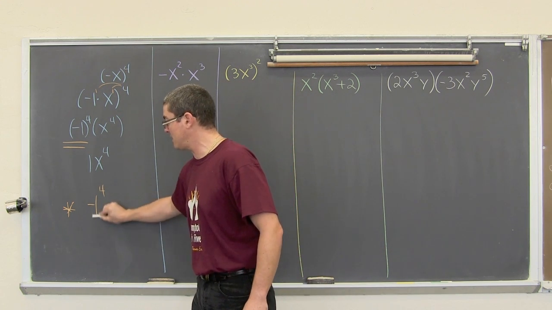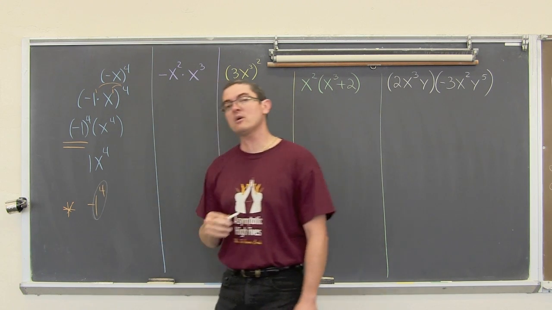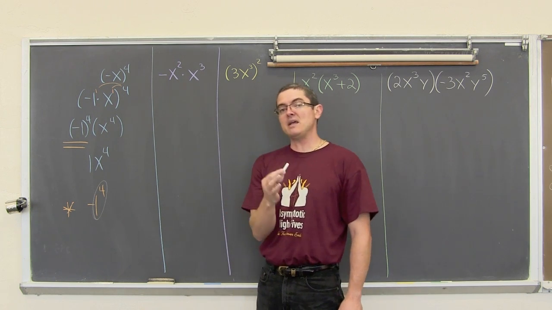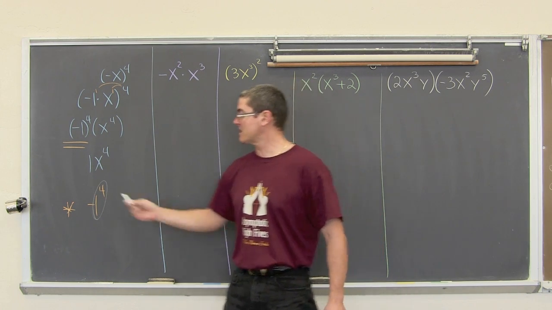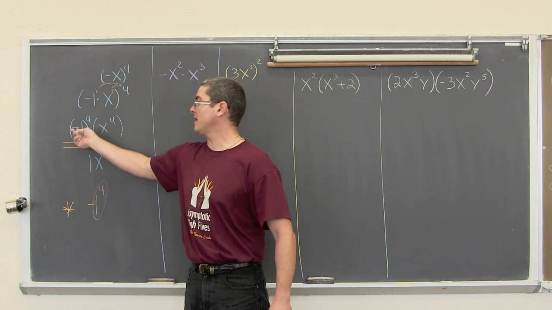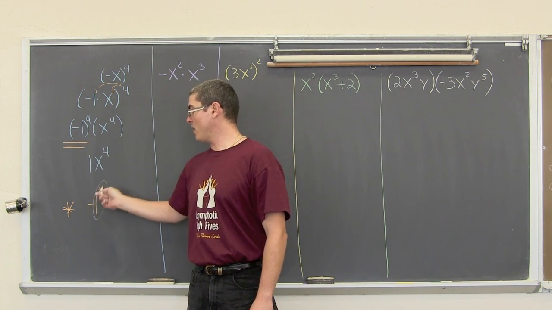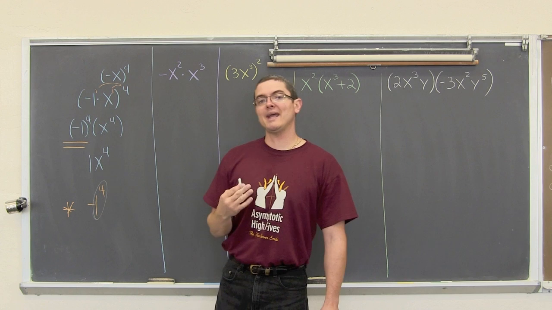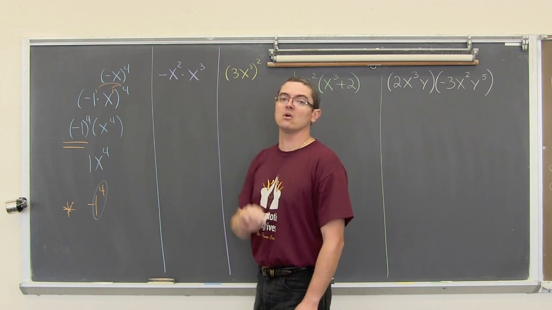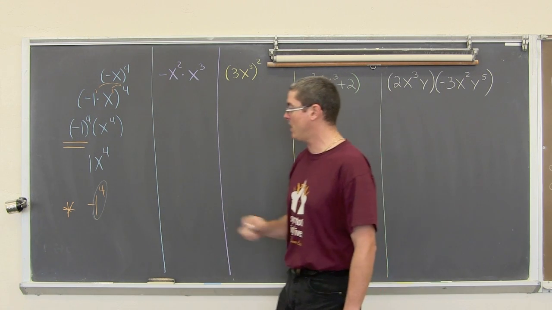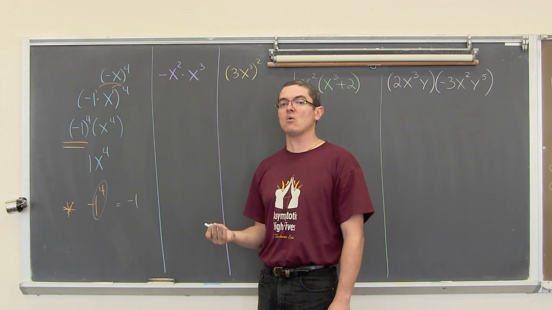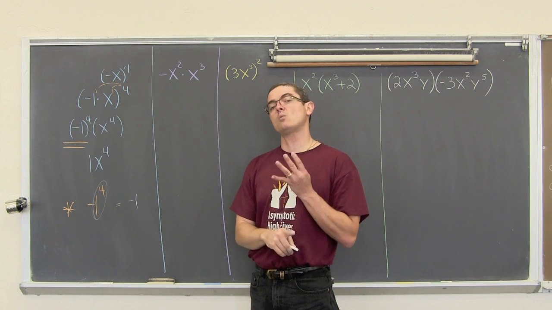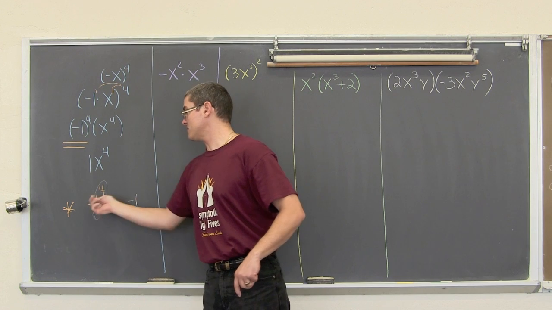So the only thing that's getting the power 4 applied to it is this base of positive 1, not the negative that's out front, because it doesn't have a set of parentheses wrapped around it like this example. So negative 1 to the 4th power, with the 4 only acting on that positive base of 1, comes out to be negative 1, because 1 to the 4th power, 1 times 1 times 1 times 1, is 1, and then you still have that negative sitting out front.